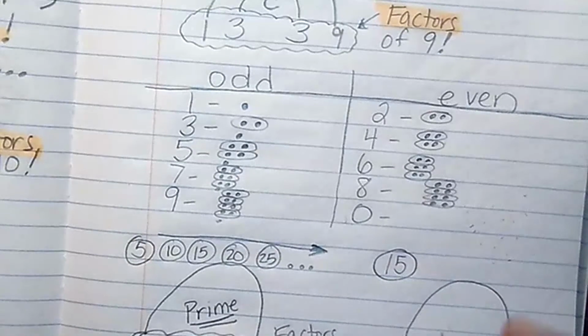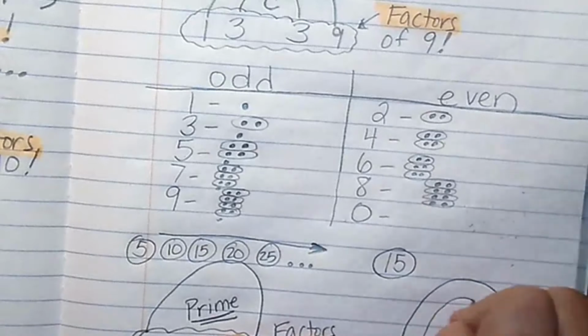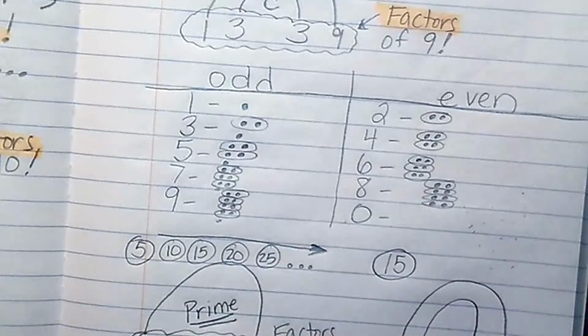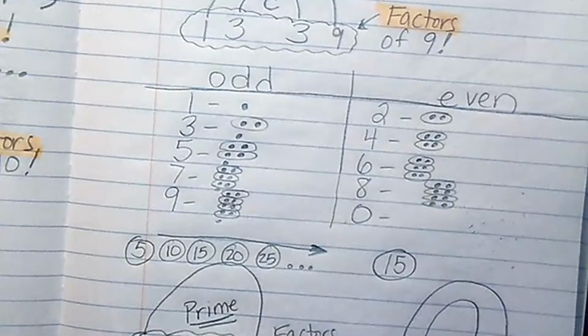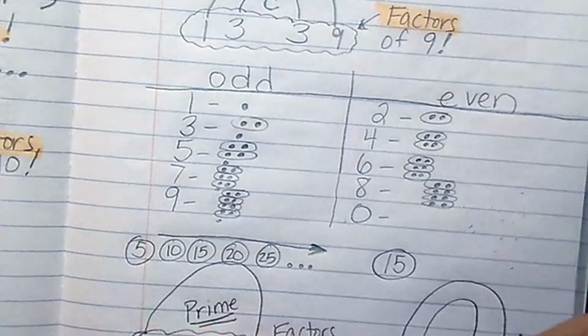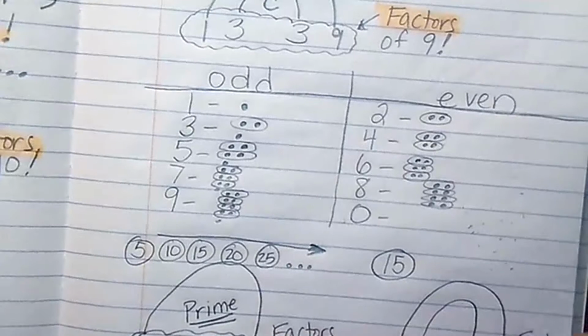No. 3 times 5 gives me 15. 4 times anything? No. And 5 is already there, so guess what? These are all of my factors. These are the factors of 15 in my cloud.